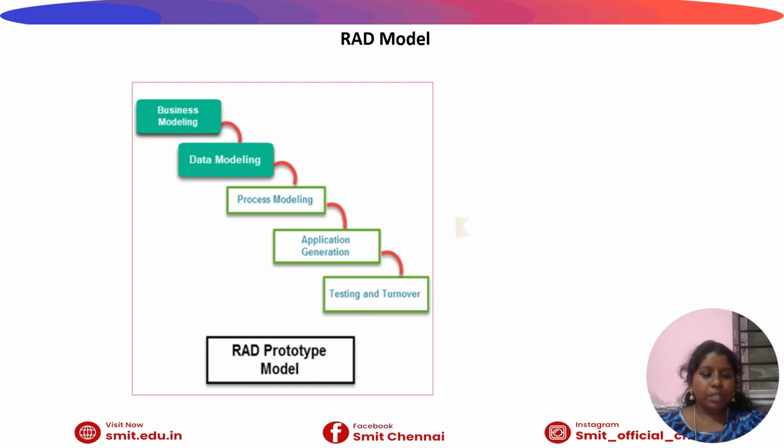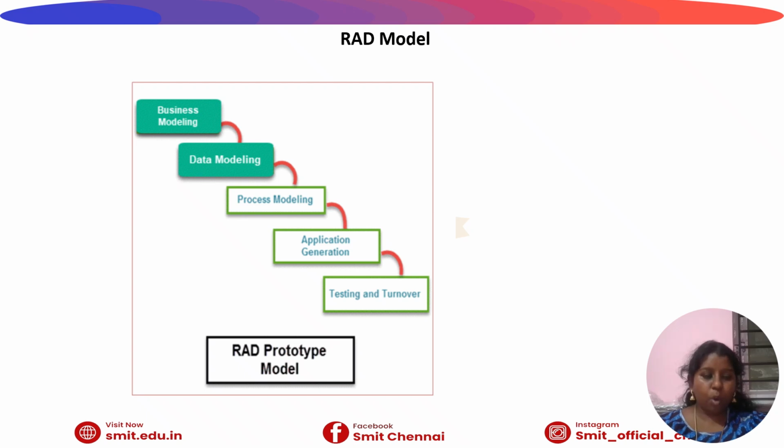First is business modeling. Business modeling is the basic flow of information between the various business channels and the product design. In data modeling, the information collected from business modeling is refined into a set of data objects that are significant for the business.